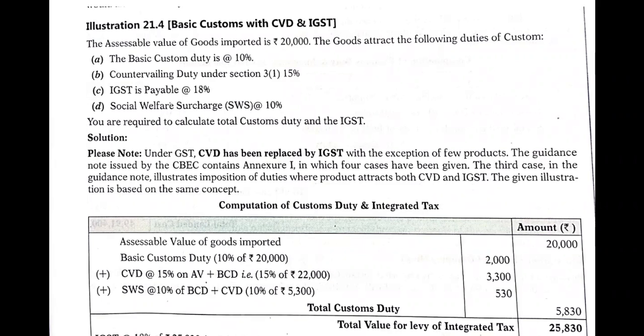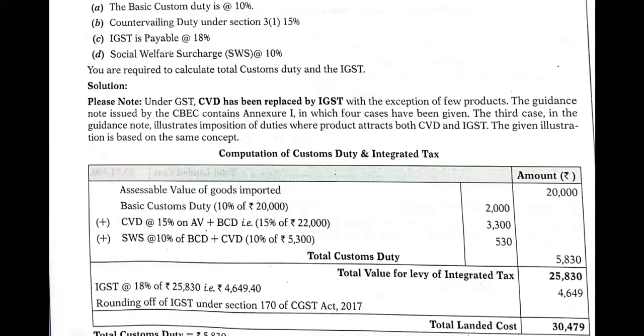Now we need to find out the total value for levy of integrated tax. The total value for levy of integrated tax is 20,000 plus 5,830 rupees. So the total value is 25,830 rupees. Now in this, GST he has told as 18%. GST at 18% of the total value, that is 25,830 rupees, the value we will get is 4,649 rupees.